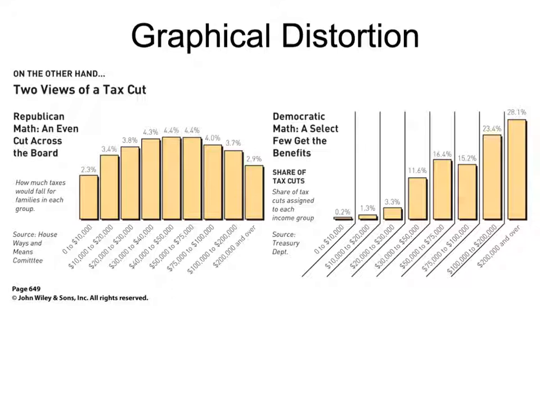So this is the same data represented in two different ways, and it's helping to paint a picture. The Republicans are trying to paint a picture of everybody getting a tax cut, and the middle of the pack are getting the biggest tax cuts. But when we talk dollar-wise, we're seeing that the people who are making over $200,000 are receiving the biggest majority of cuts overall from the pool of tax cuts.